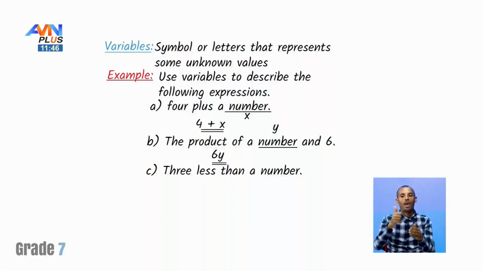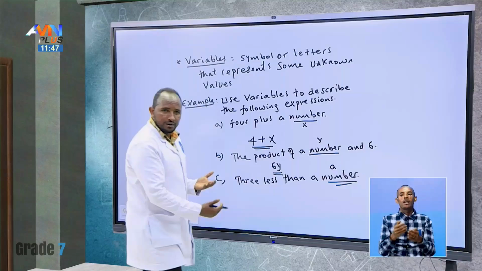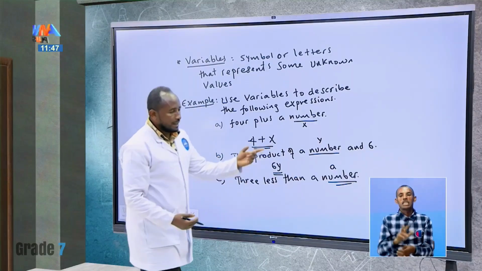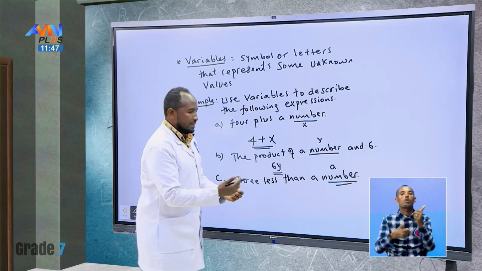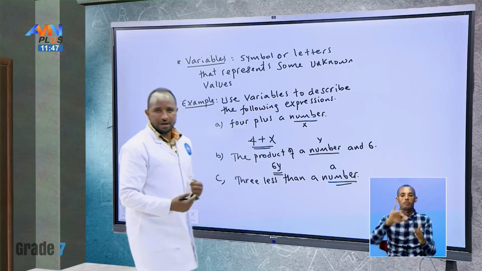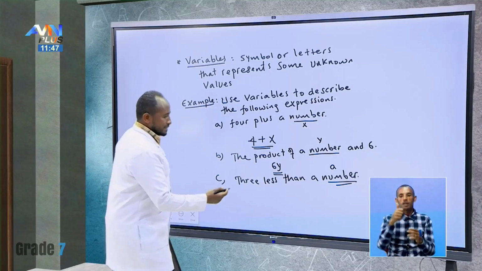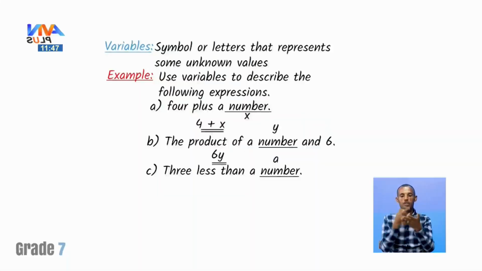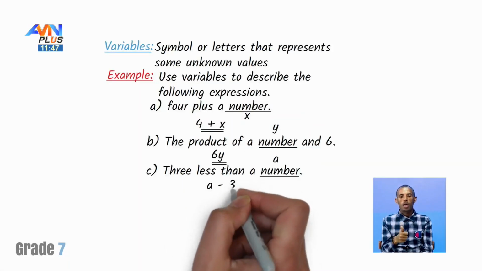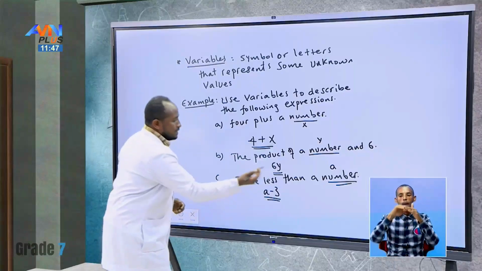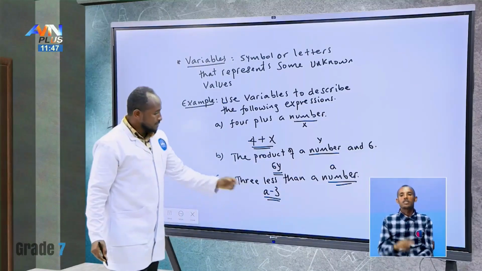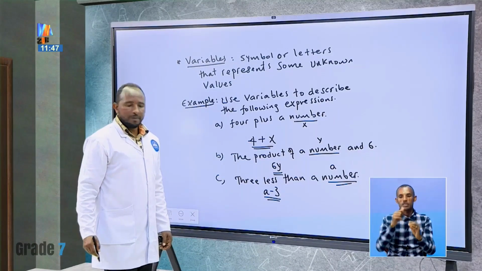Let's say the number is A. From this number, less 3. So 3 less than a number means a number which is less by 3 from A. From A, less by 3 means A minus 3. Therefore, 3 less than a number is described by this form, A minus 3.